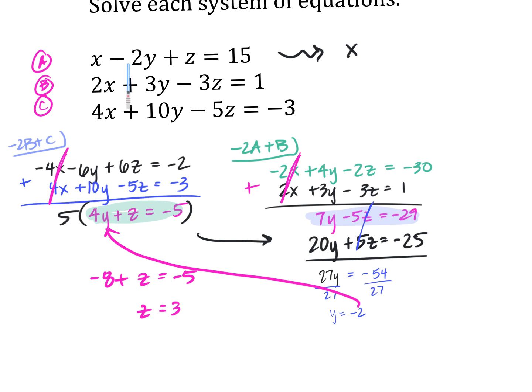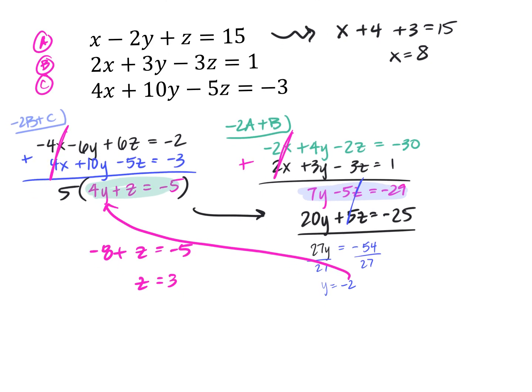Positive or -4? Love it. Plus 4. My Z is 3, so I'm going to say plus 3 is 15. 15 minus 7? 8. Thanks. A, B, and C. X, Y, and Z. My bad. Final answer? X is 8, Y is -2, Z is 3. Thanks, buddy.